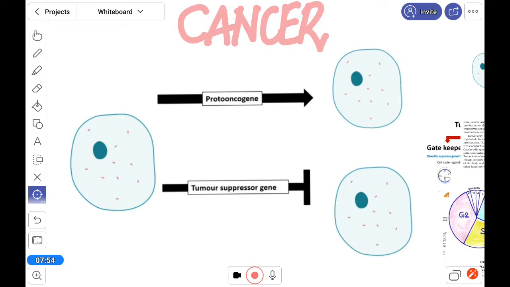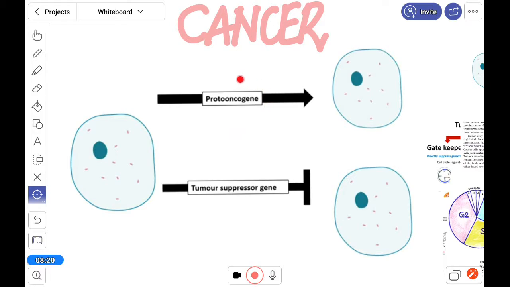What is the internal way and process? At your level, I can discuss these two things: the proto-oncogene and the tumor suppressor gene. A proto-oncogene is a normal gene which is available in every individual's body.